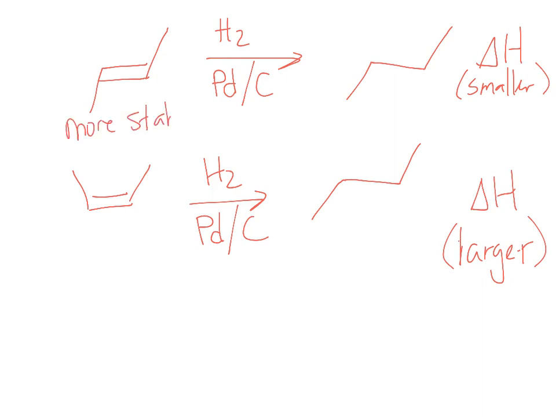It was lower in energy to start out with, so the difference in energy is smaller than if it was higher in energy to start out with. So the smaller delta H means that your starting material was more stable. Less crowded double bonds tend to react faster, which you can imagine by seeing that mechanism before. So if they are less crowded, the hydrogens can get in easier.